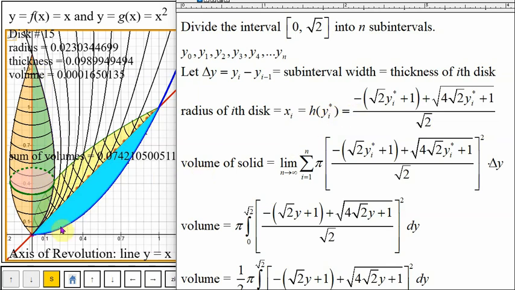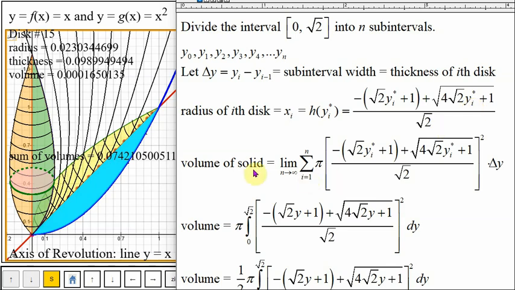And so the distance from the x-axis up to the disk, we'll call it y sub i star. And therefore the distance from here to the graph will be h of y sub i star. And a few moments ago, we found that the function for this graph is this. So this would be the radius of the ith disk.